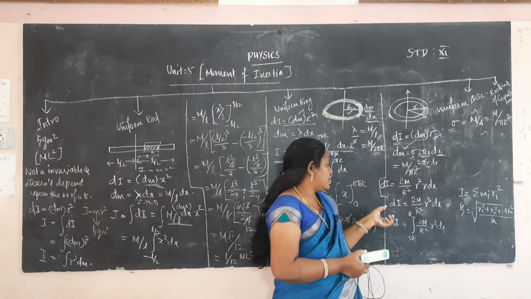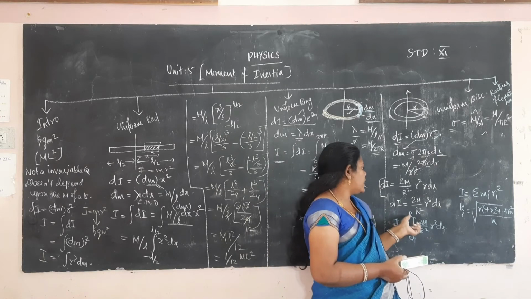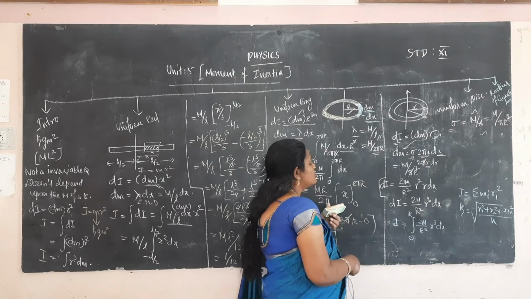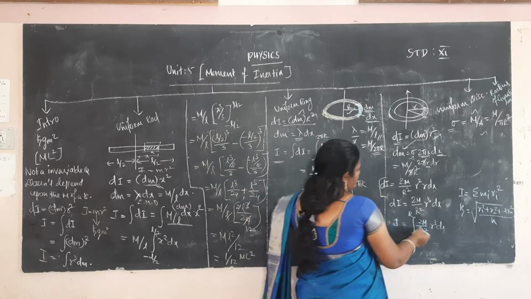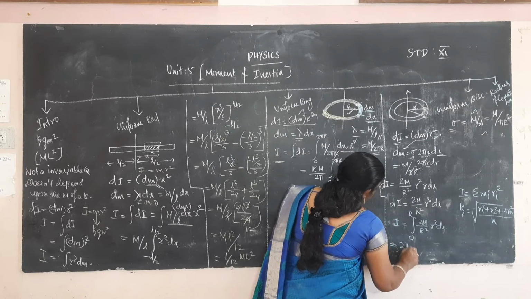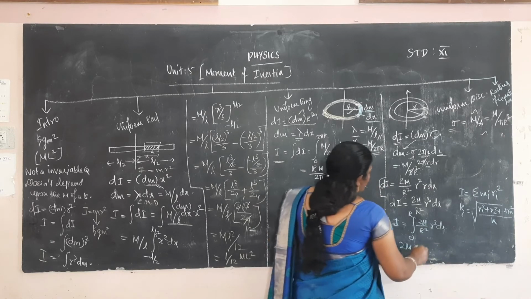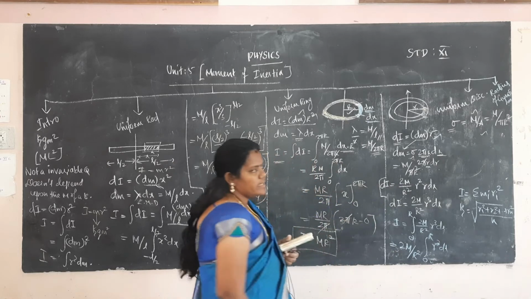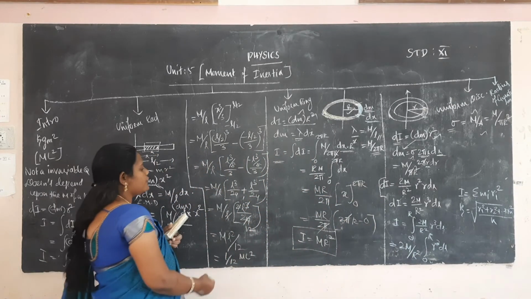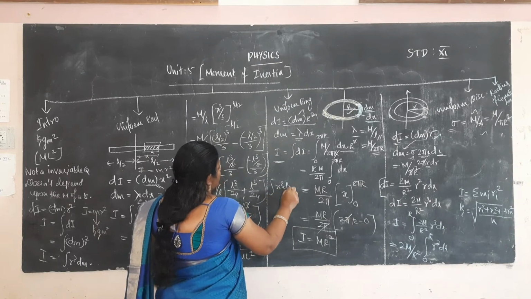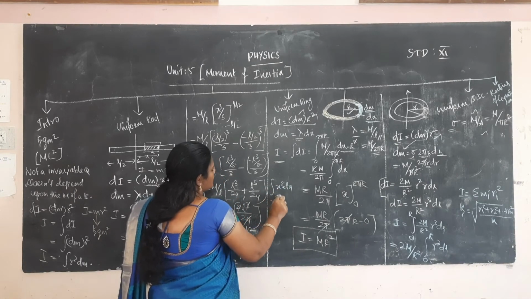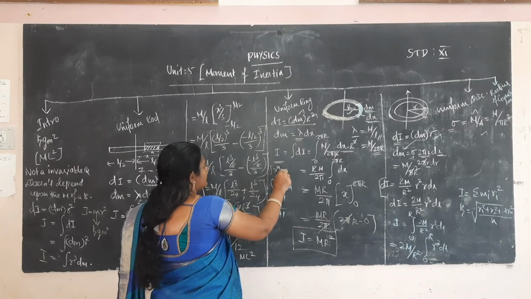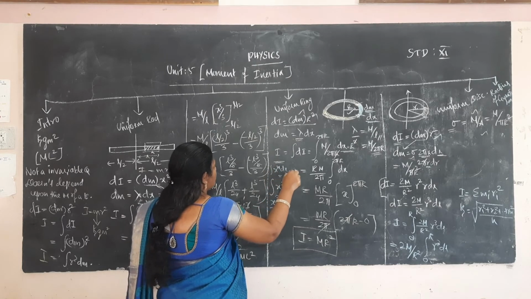Now we want to calculate the moment of inertia term. Integrating from 0 to R, 2m by R square into r cube into dr. How do we integrate this? 2m by R square is taken outside, and then the integral of r cube into dr. Already I told that the integral of x power n into dx is x power n plus 1 by n plus 1.